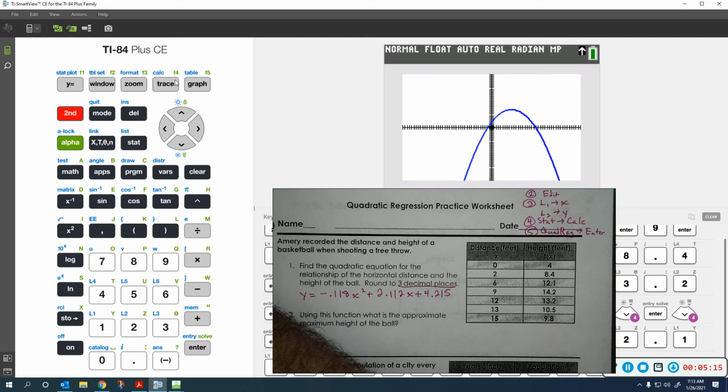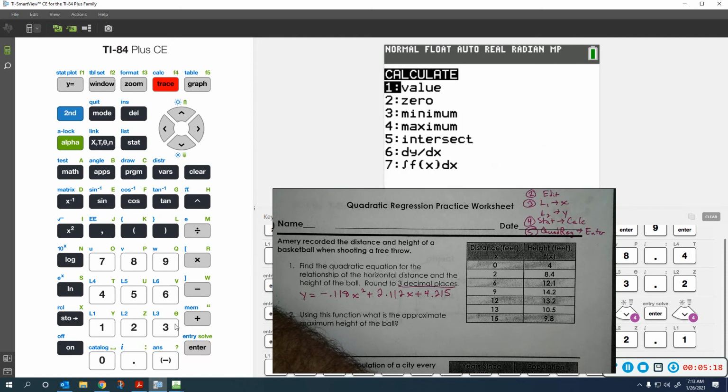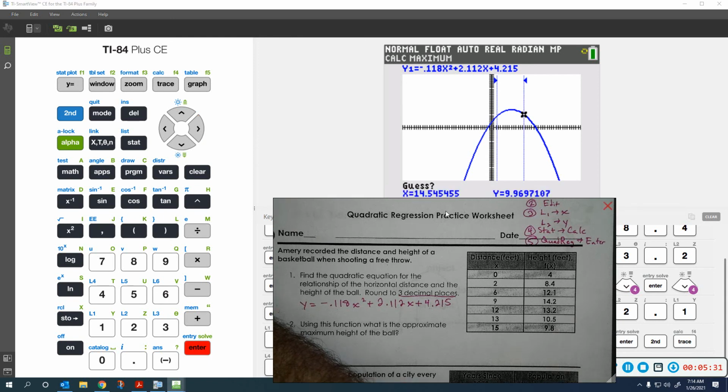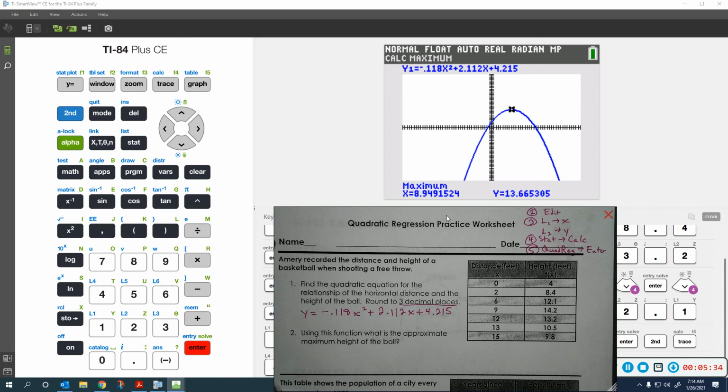Now we just go second, trace. Your vertex is going to be a maximum this time. So left bound, we go to left side, we're on it, push enter. Right bound, we've got to go to the right side, push enter, and then when it says guess, push enter. And we end up getting a maximum of about 8.949, 13.665.